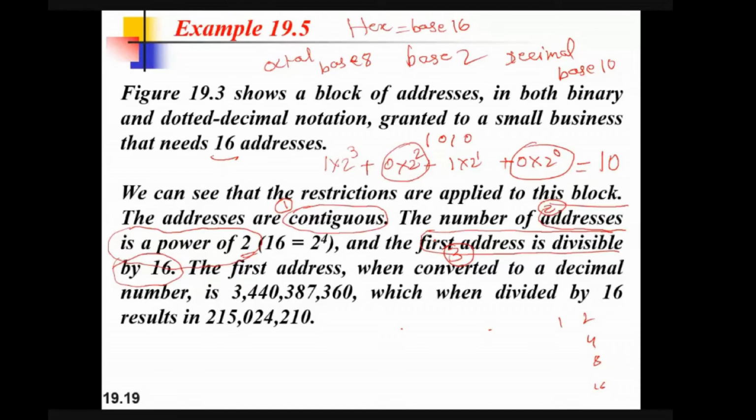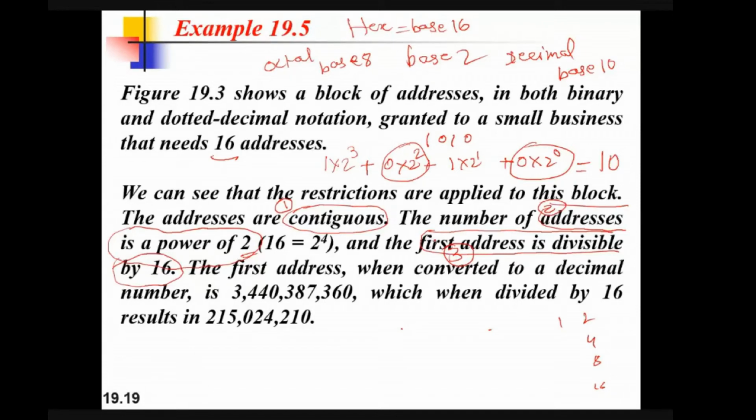If you want to assign a smaller number of addresses, maybe to some institute which has only 6 computers, and you assign them a class C address, then 250 addresses will be wasted, because they want to connect only 6 computers and you are giving them 256.